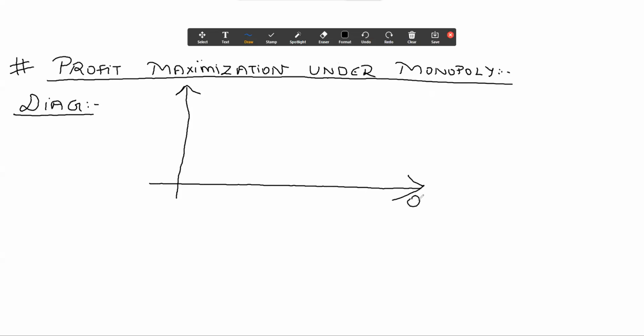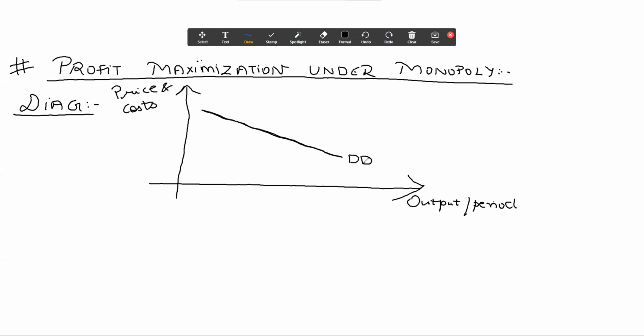This is output per period. This is price and cost. This is my initial demand curve. The demand curve facing the monopolist is downward sloping.